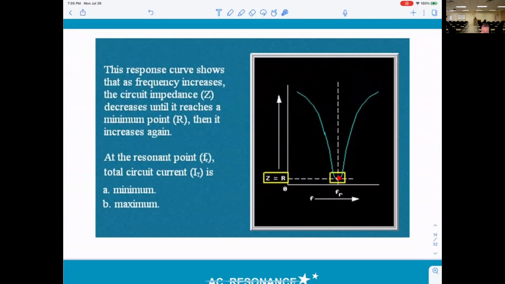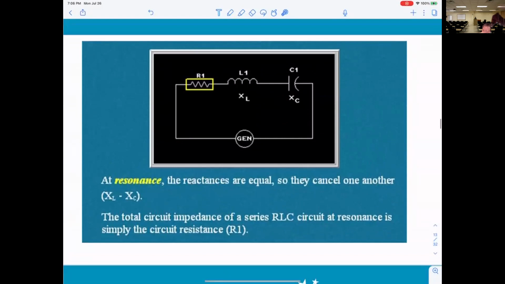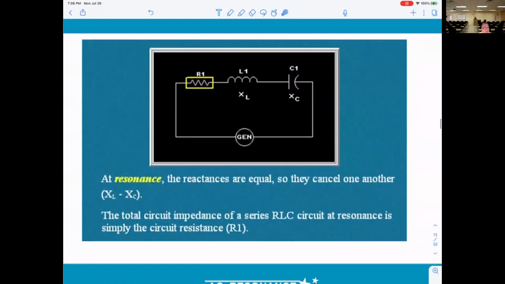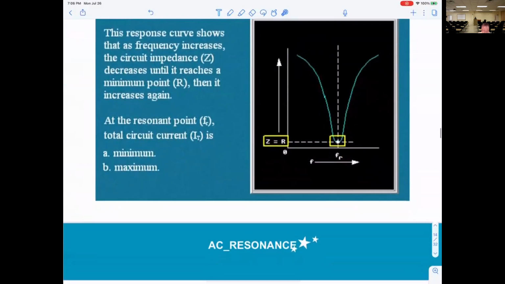So no more reactance. You are left over in the circuitry with only R. So if they say they want to calculate the total impedance at the resonance, then it is supposed to equal the value of this resistor here. Okay.